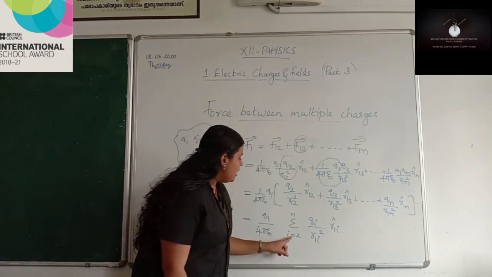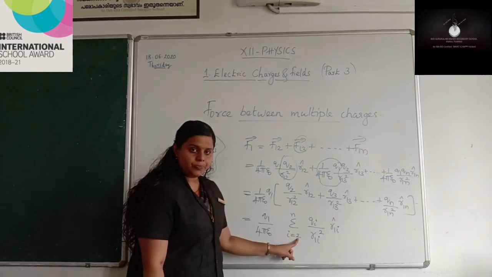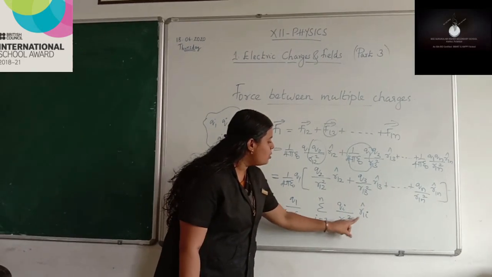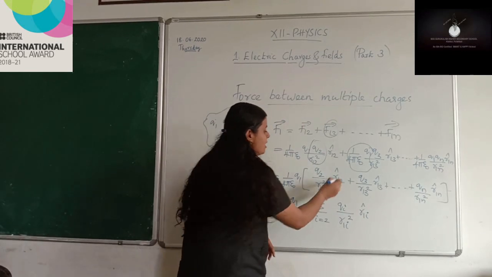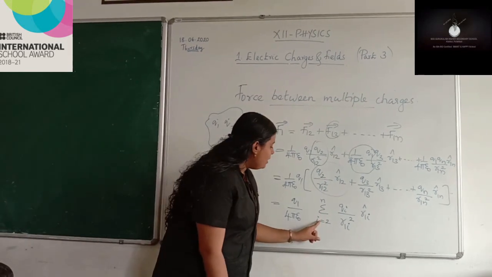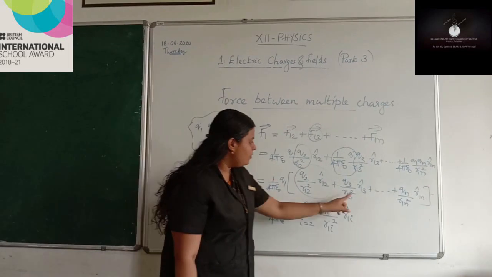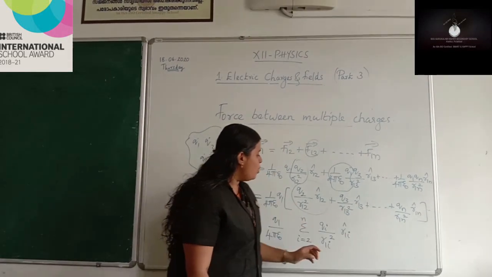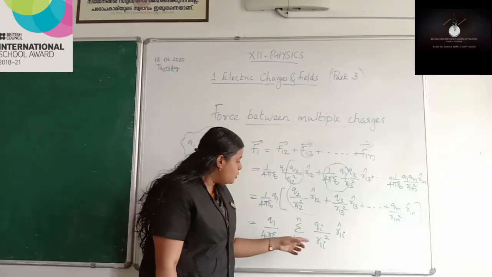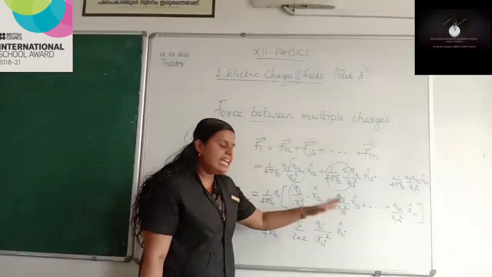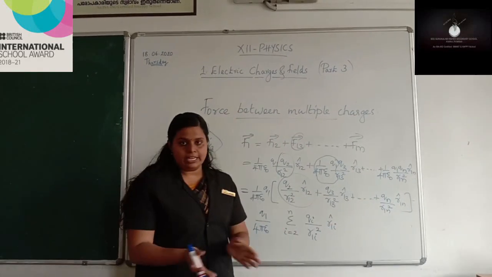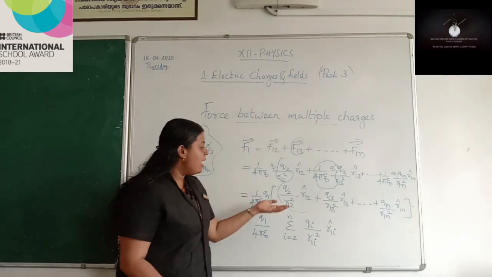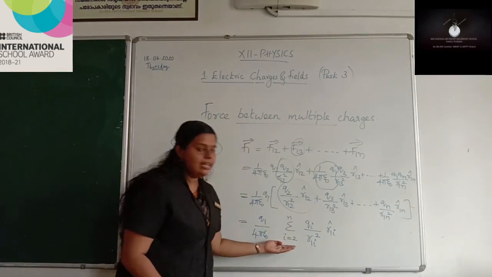Listen. When i equal to 2, here comes Q2 divided by R12 square into unit vector R12. That is the first term. Now when i equal to 3, we will get the second term, that is Q3 divided by R13 square. So each time we substitute for this i, we will get these terms automatically. So we can bring this expression into a reduced form, or we can replace this expression by this.